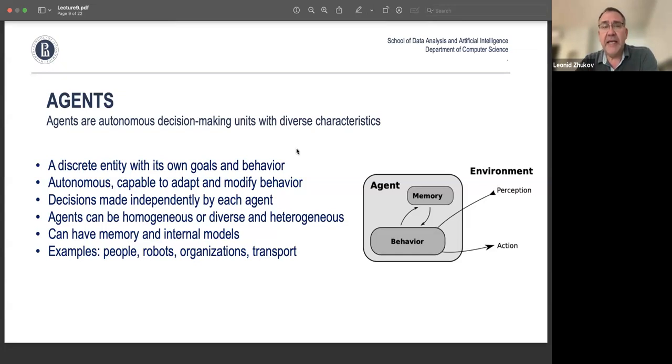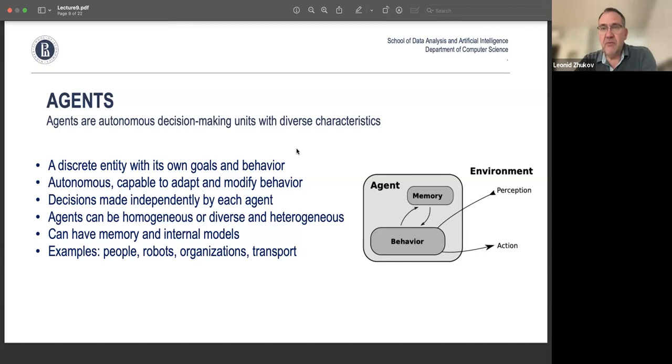So the key here is, again, that every agent can make decisions, and decisions are made by each agent independently, in response to the environment, and the environment can be changing. Now, agents can be homogeneous, so you can have a group of similar agents if you want to model social dynamics, or they can be very heterogeneous and diverse.